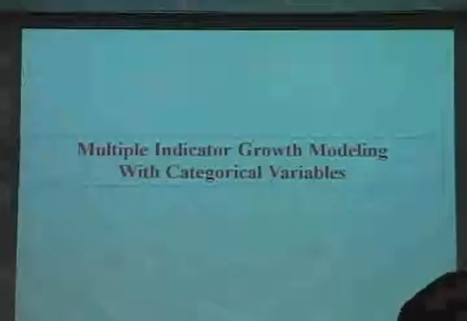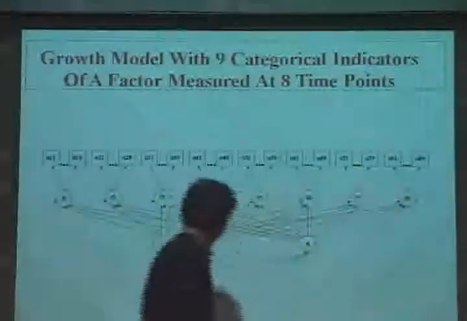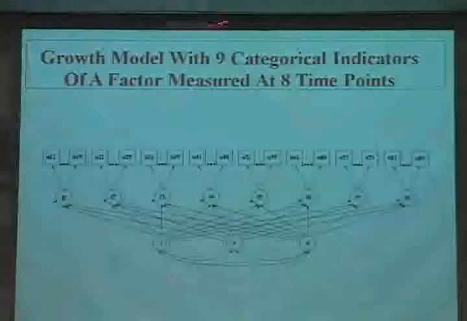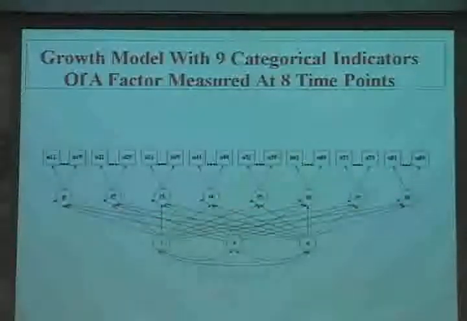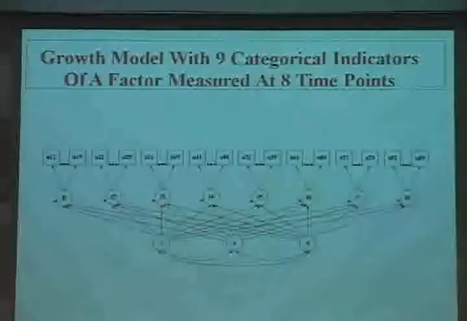So let's also mention growth modeling, multiple indicator growth modeling with categorical data. Look at this diagram. You have 9 categorical indicators at 8 time points. If you try to do this estimation with ML, depending on which program you use, in Mplus in particular, you use 8-dimensional integration, 1 for each of these time points.